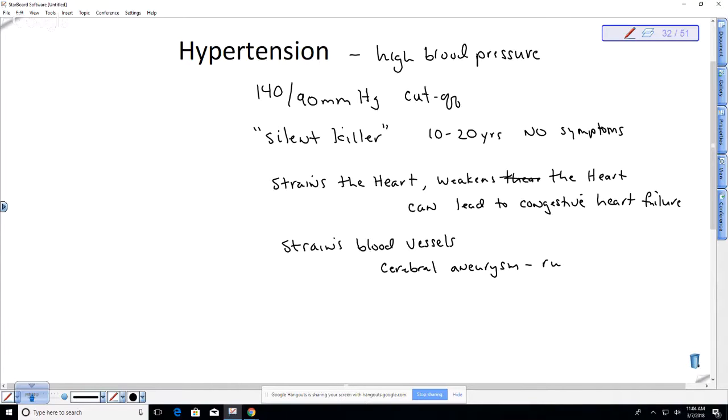So this is a ruptured blood vessel in the brain. And this causes or leads to a stroke where some of the nervous tissue in the brain will die, right? And then generally that affects one side of your body. So sometimes they call this a brain attack, right?